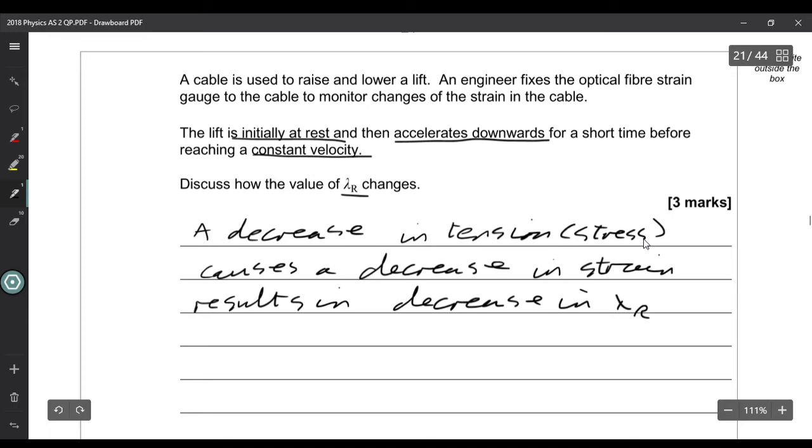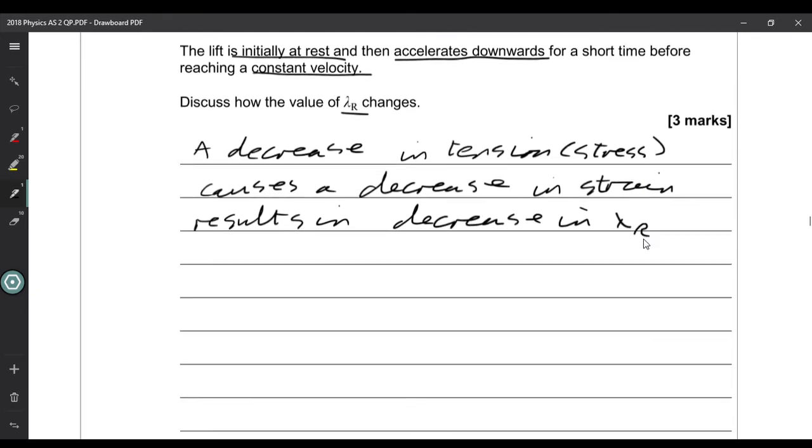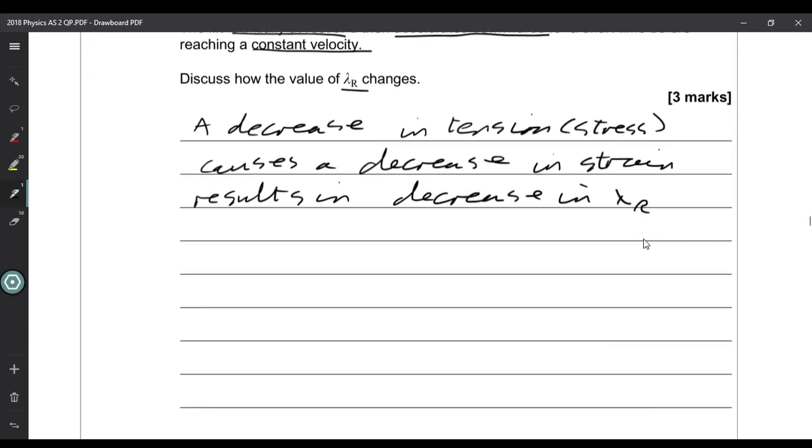So this part is just using the graphical information that we've been given, and we're applying that to the tension in the string. So we've linked any change in the tension of the supporting cable of the lift, while relating that to lambda r.